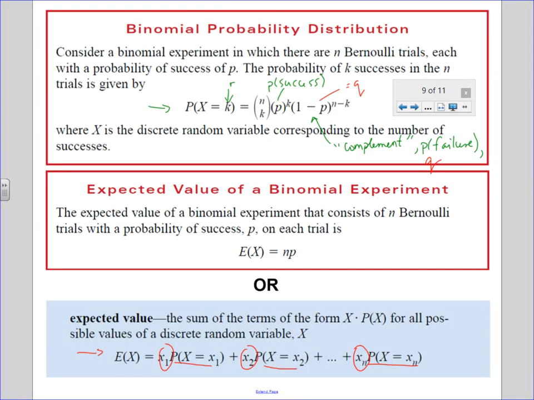But very simply and easily, this is convenient. We don't have a proof for this in our course, but we could look that one up. But E of X is nothing more than NP. So if you take the number of trials and you multiply it by the probability of success, you're going to have the expectation.